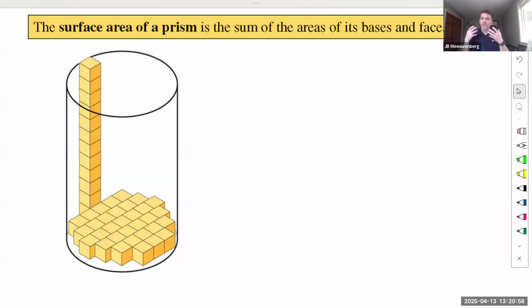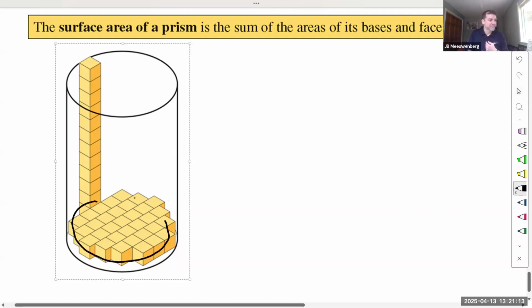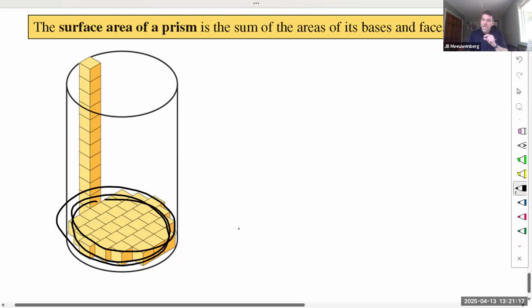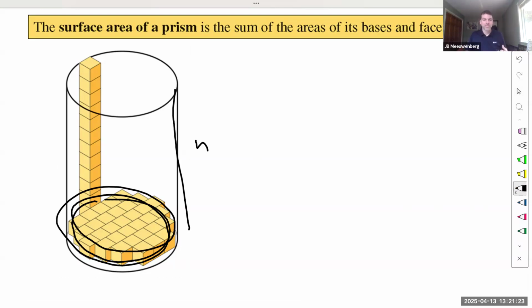It's actually very similar to prisms. A cylinder is very similar to a prism in that if we could find the area of that circular base, then we can multiply it by its height, just like we did with our prisms.